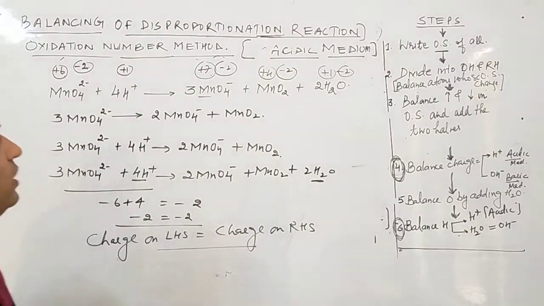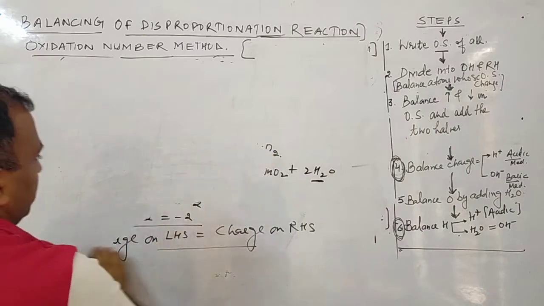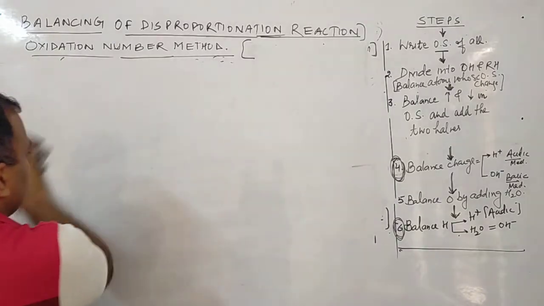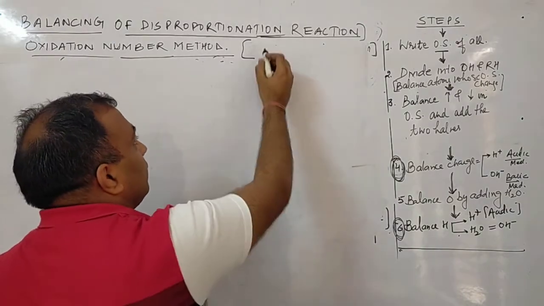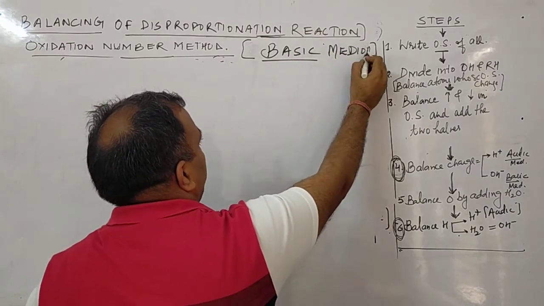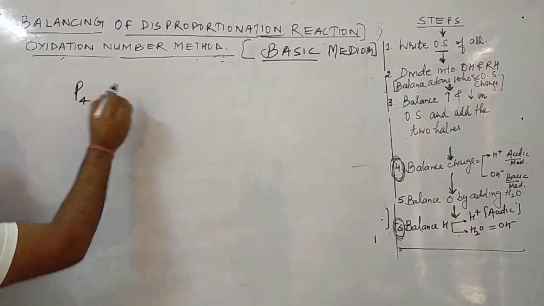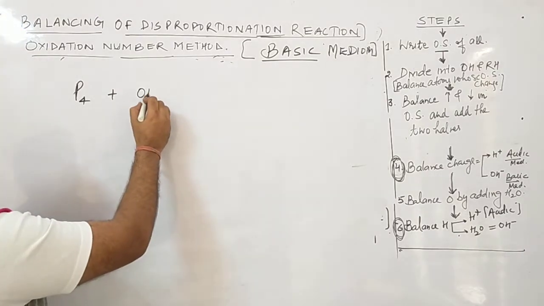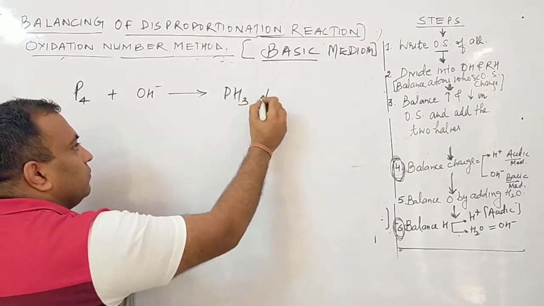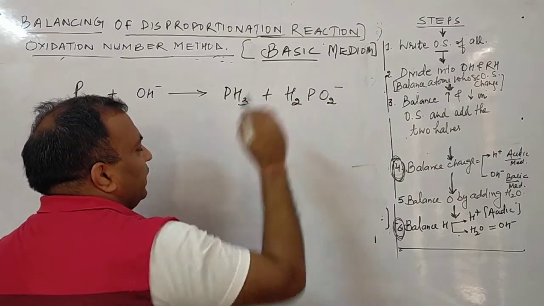Okay. Now we will do one more reaction in basic medium. The reaction that I will use, just see: P4 plus OH negative giving you PH3 plus H2PO2 negative.